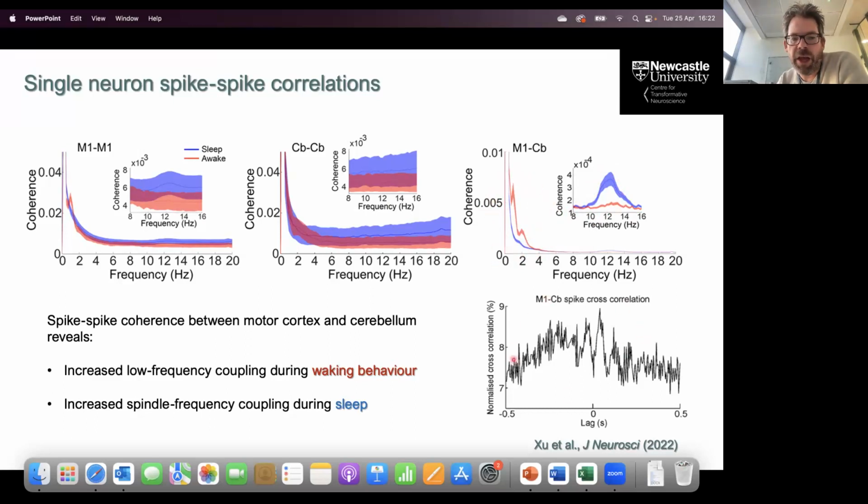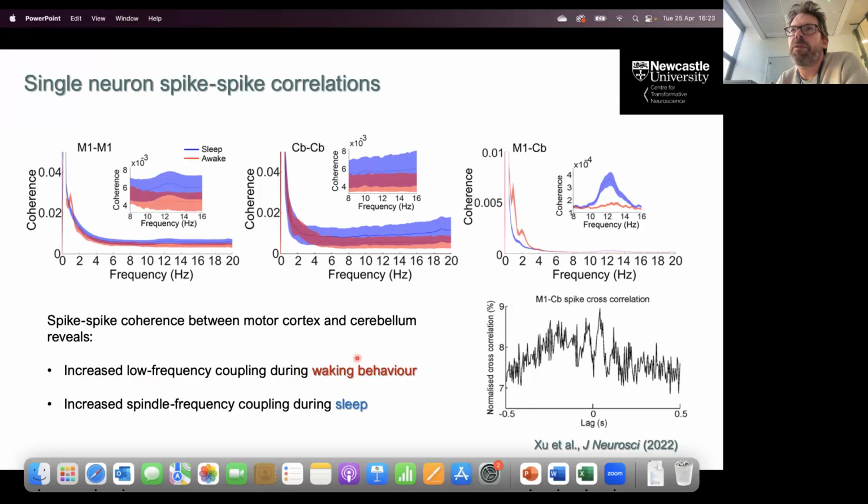And this is just an example of a cross correlation histogram for an example pair of M1 and cerebellar neurons showing this nice oscillatory spindle frequency coupling in the spikes. So, to summarize, increased low frequency coupling during waking behavior and increased spindle frequency coupling during sleep.